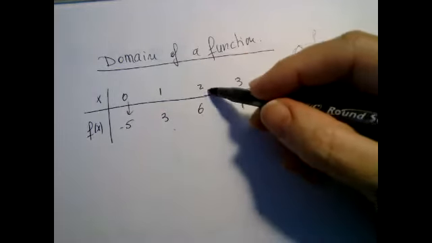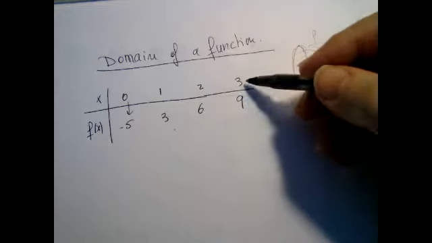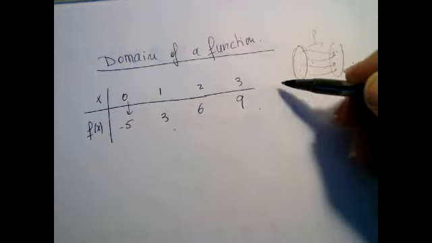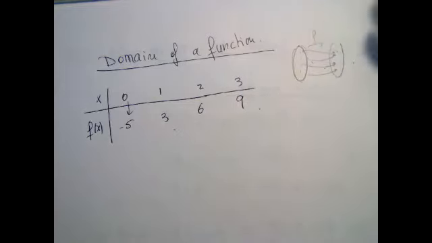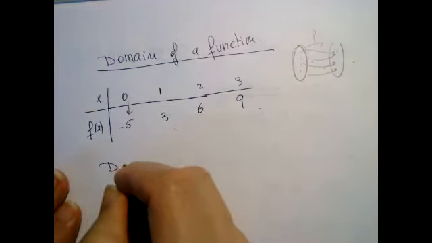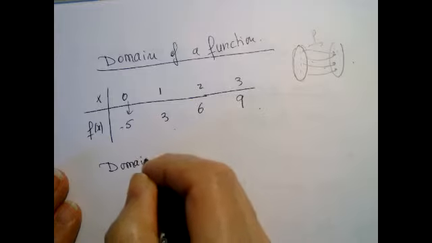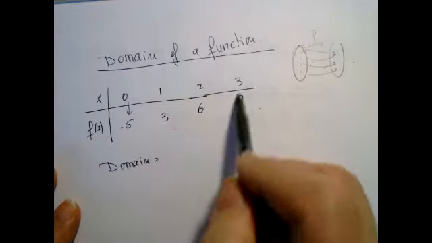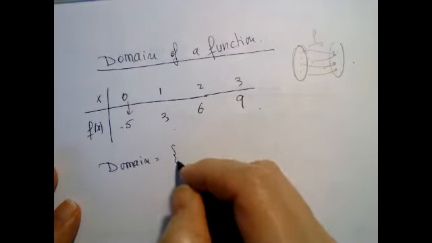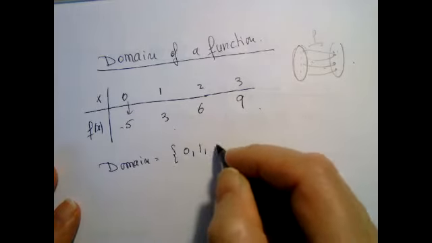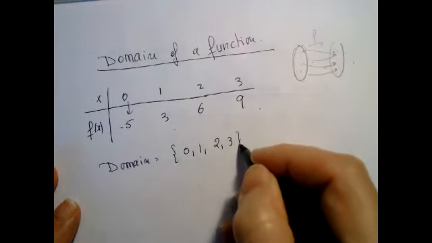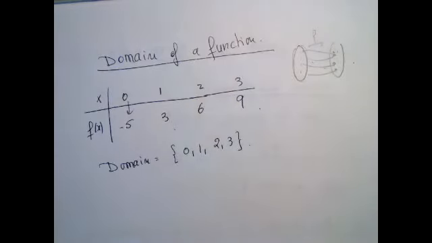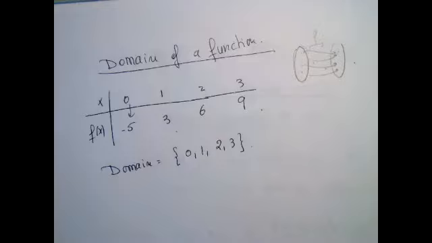It's 3. f of 2 is 6. f of 3 is 9. What's f of 4? You look and tell me you didn't tell us what it is. So the domain here is all those inputs for which you can find an output. So the domain is going to be 0, 1, 2, and 3.